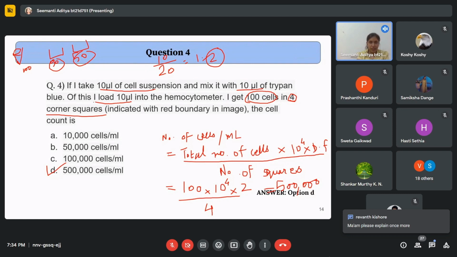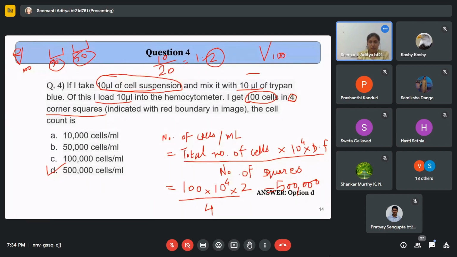Okay, Revan. So again, I will explain. If you are having 10 microliter of your cell suspension and you're adding 10 microliter, what is dilution and what is splitting? I will explain the difference. Suppose you have 100 microliter of your cell suspension.